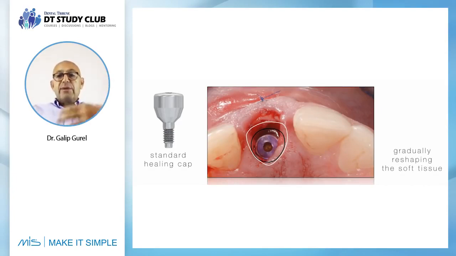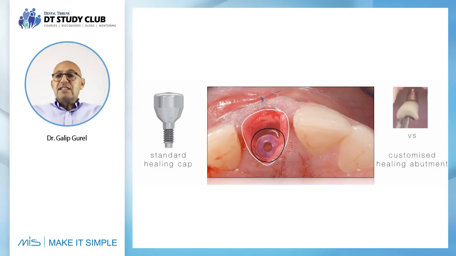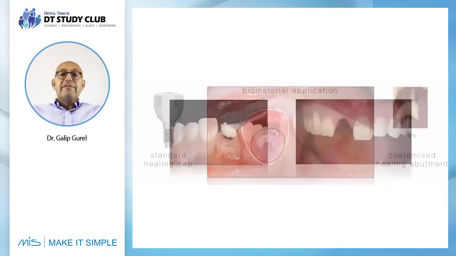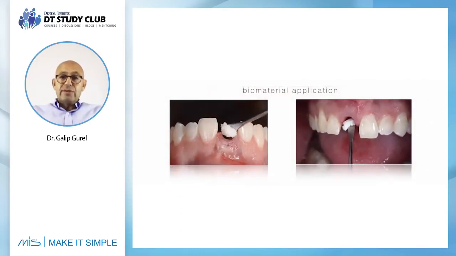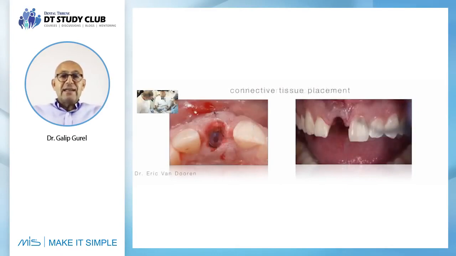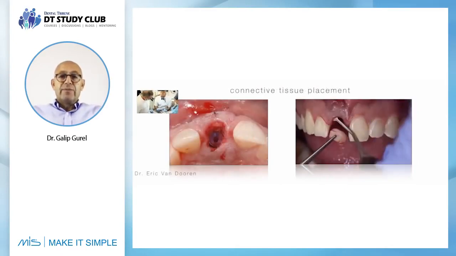So gradually we would reshape the soft tissue until we got to the exact root design. However, instead of that, at this stage, if we create this customized healing abutment, it will be very easy to hold it in the socket and keep the shape of the socket exactly the way we want.